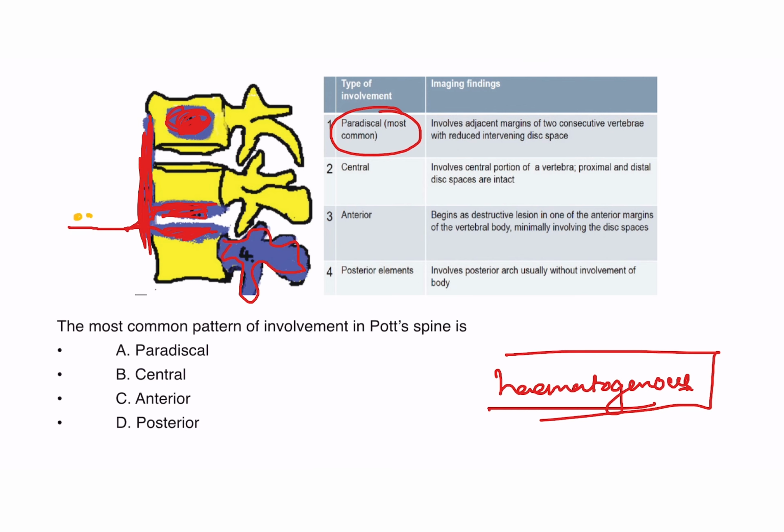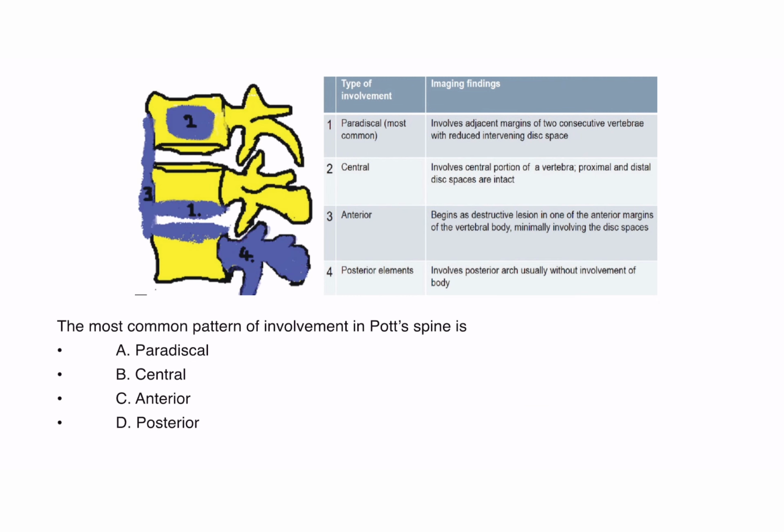Whenever an infection goes like that, it equally goes to both vertebrae, and that is the reason why paradiscal is most common. Clear? So paradiscal is the most common and posterior element involvement is the least common, which means spinous process involvement and facet joint involvement are the least common.